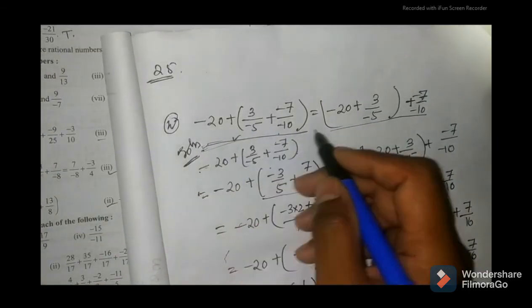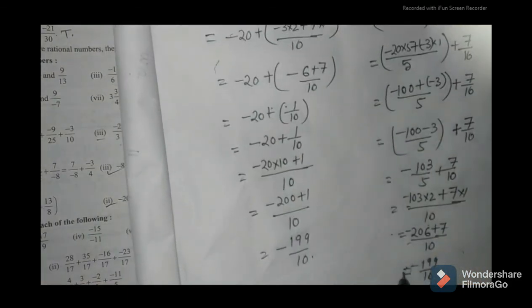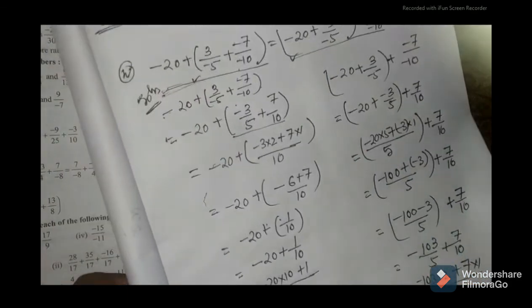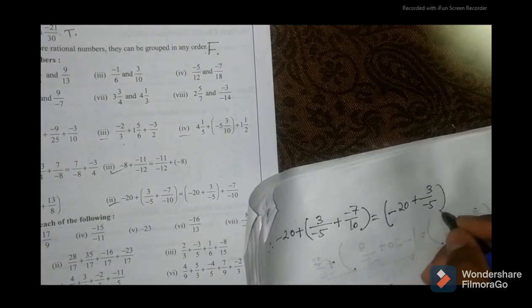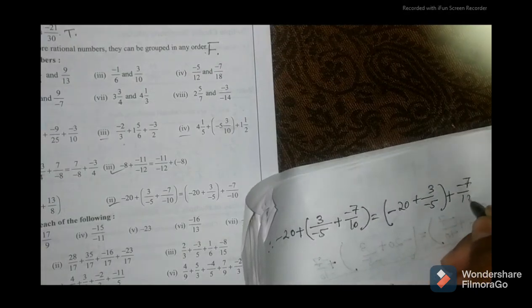Therefore this one equals this one, hence verified. So you can write therefore minus 20 plus 3 by minus 5 plus minus 7 by 10 equal to the same value.